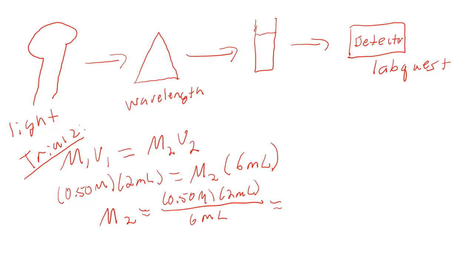So then what you're going to do is you are going to go through and set up your LabQuest, and you are going to record your absorbances for each of your solutions. So when you set up your LabQuest, you want to be sure that you only press calibrate when you're doing the blank.